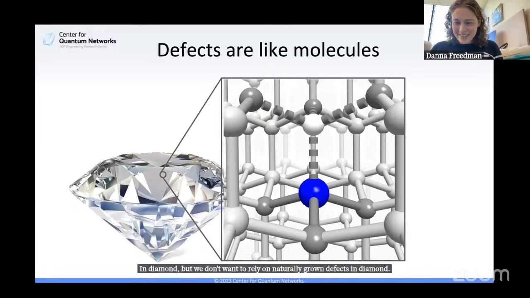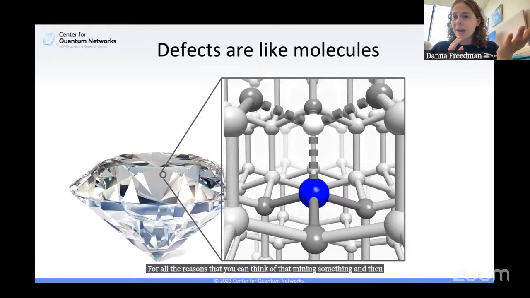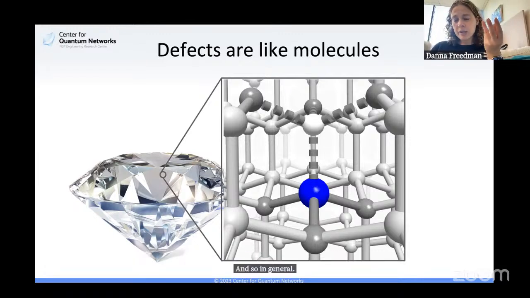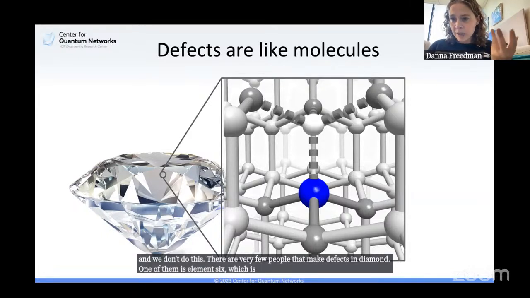For all the reasons that you can think of, mining something and then using it is not the best way to get a pure material. And so in general, if we want to put defects in a material, we take a diamond, and we don't do this. There are very few people that make defects in diamond. One of them is Element 6, which is a company that I believe is owned by De Beers.